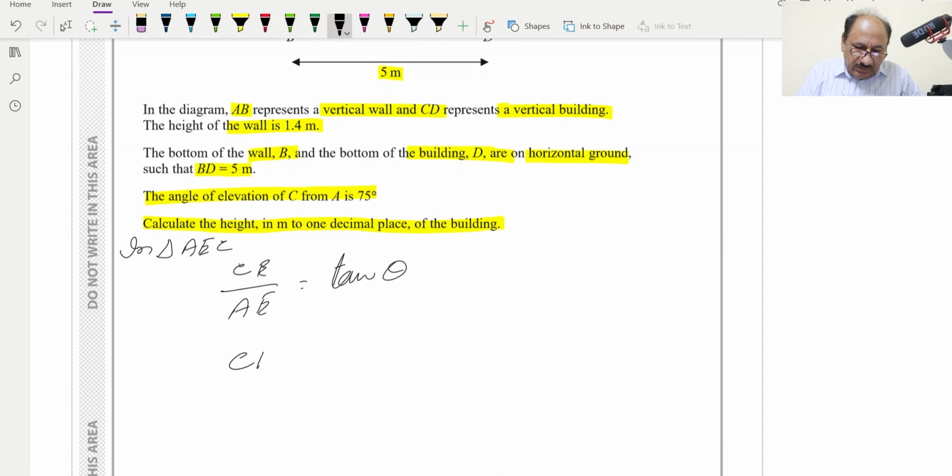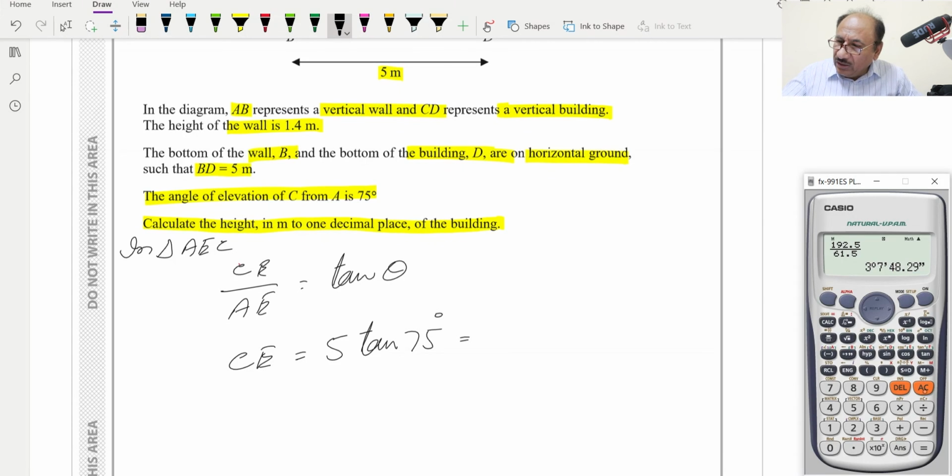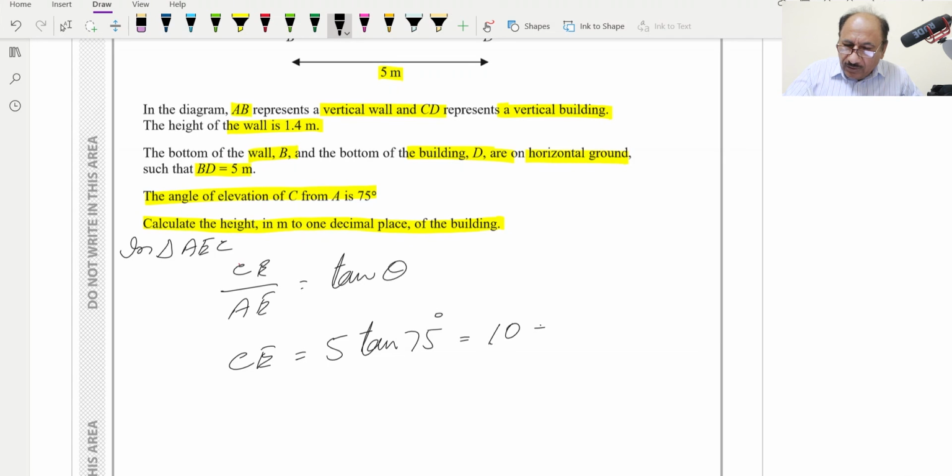So CE is equal to AE value is 5 and tan theta value is 75 degrees, and this will be equal to 5 tan of 75. Your calculator must be on degrees, otherwise you will get wrong answer. So this will be 10 plus 5 root 3. So this will be CE value.